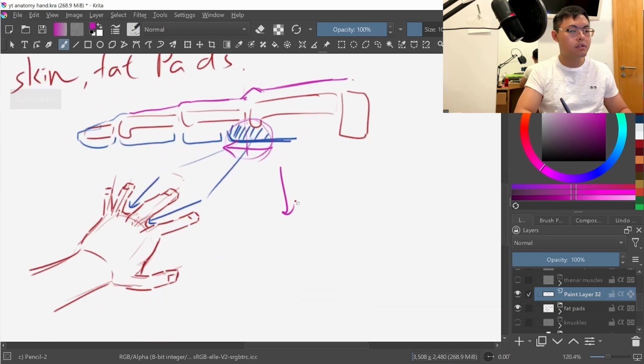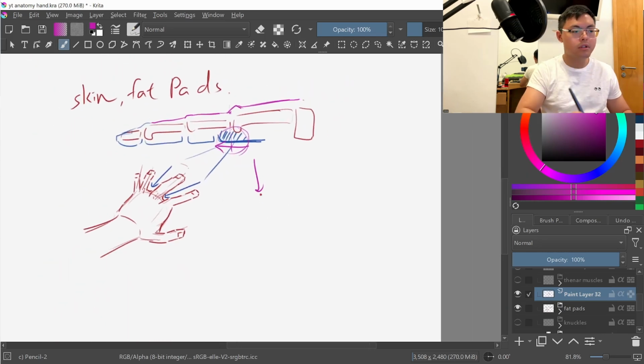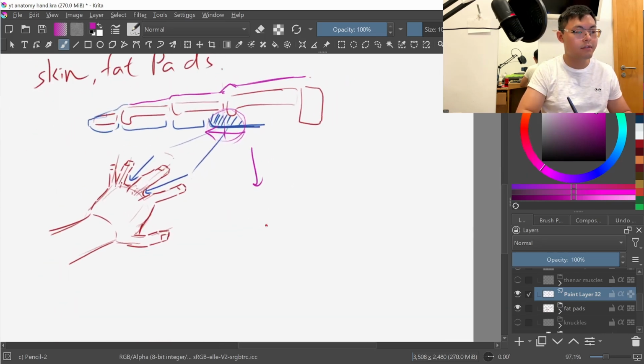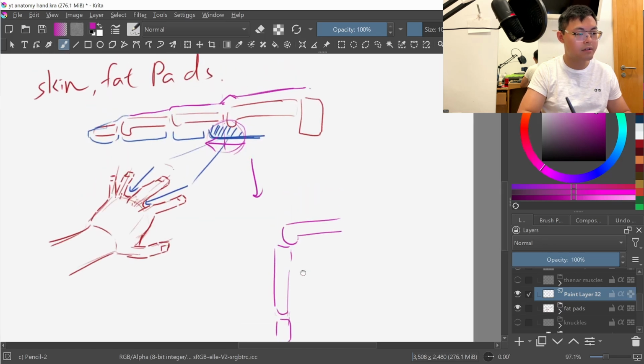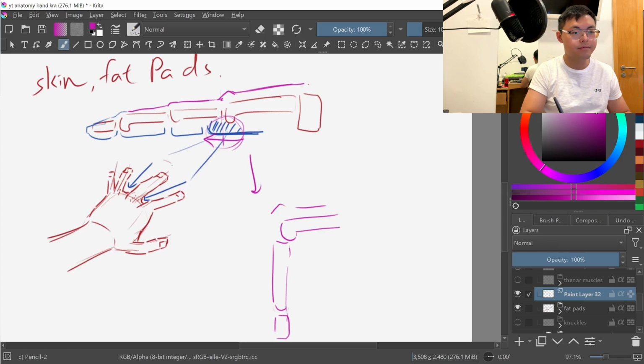So in other words, when you fold your fingers like that, and then the other parts, that's the knuckle, right?